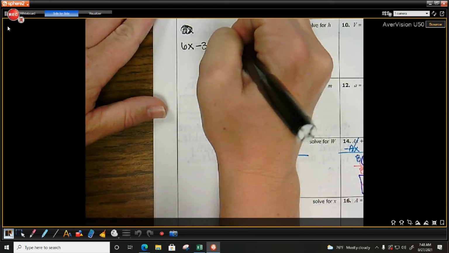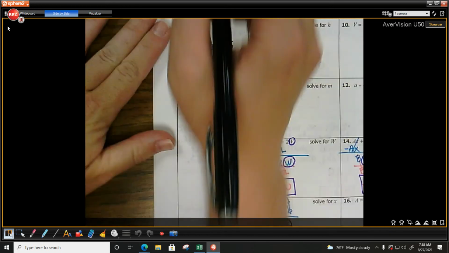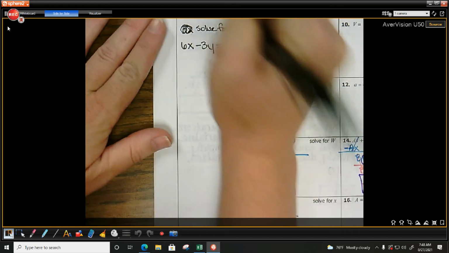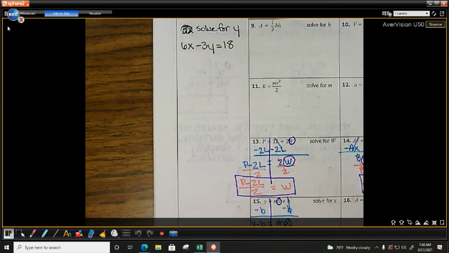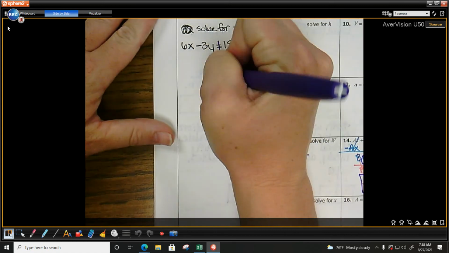And we're solving this for y. Okay? Solve for y. Now this one has some numbers, right? So do we think some things might be able to simplify? Yeah. Okay, draw your line through the equals, and we're going to circle our y, because our y is what we want.